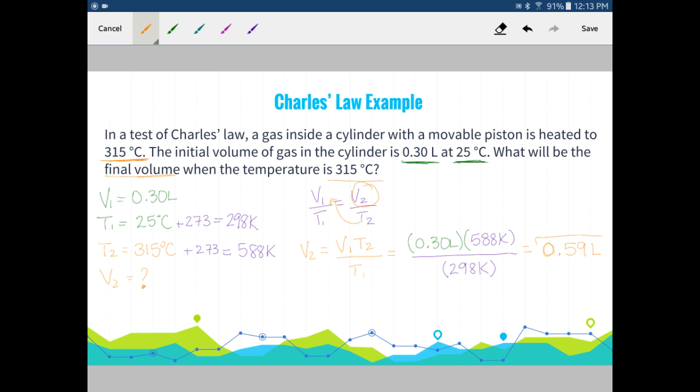So we did in fact get an increase in our volume using our formula. Our theory matched our math; our empirical study matched our theory. We get an increase in volume when we have an increase in temperature. That again is called a direct relationship.